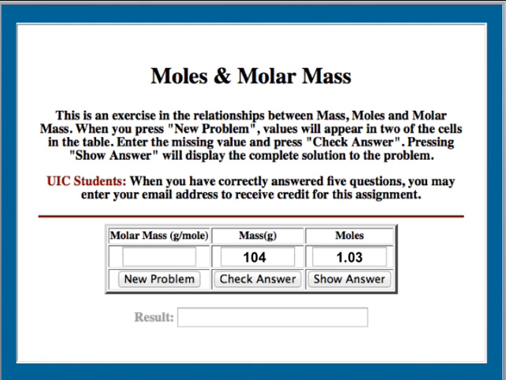We are given that we have 1.03 moles and our mass is 104 grams. We're looking for the molar mass. All right, our logic here. If 1.03 moles weighs 104, what does 1 mole weigh?